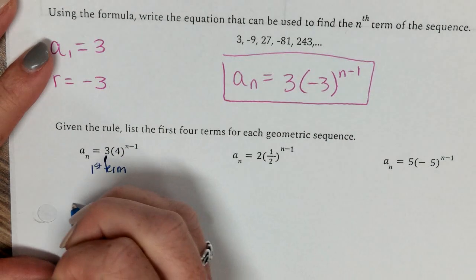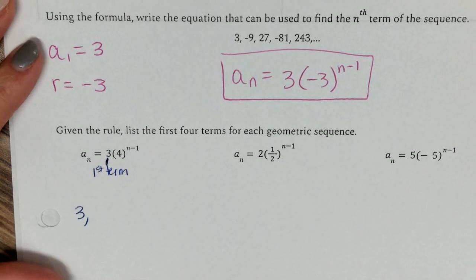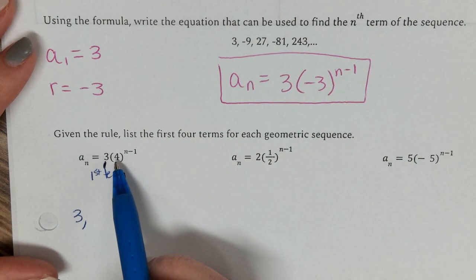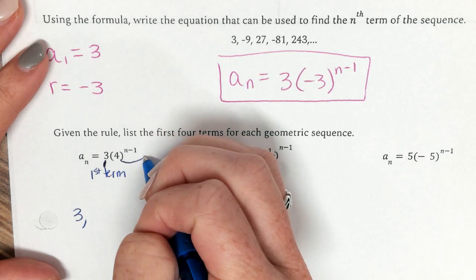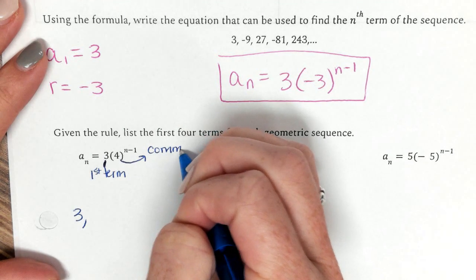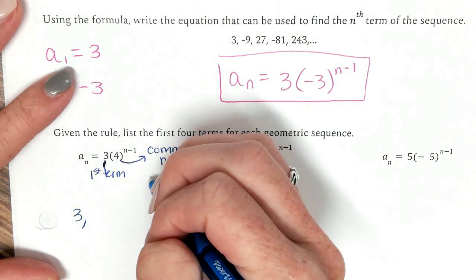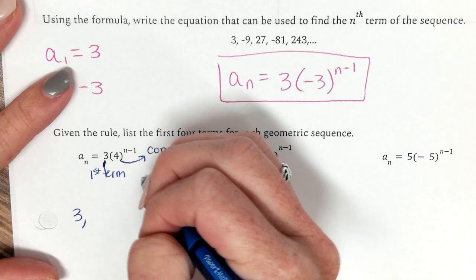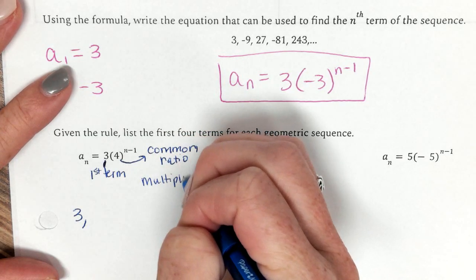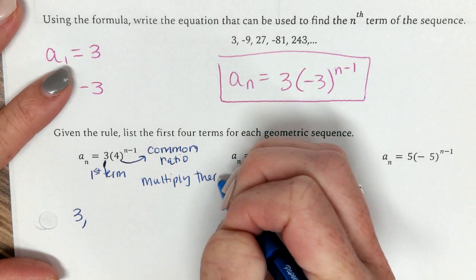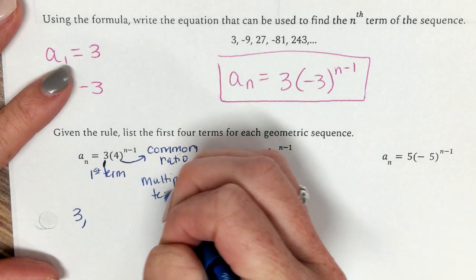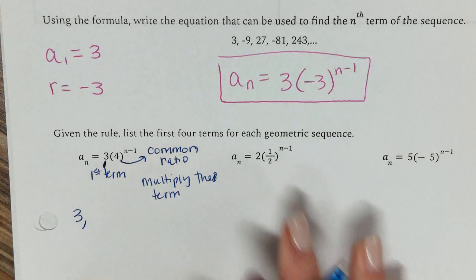So this right here is your first term. So you would say my first term is 3. What does this number represent? That's your common ratio. So all you're going to do is take that number and you're going to multiply the term to get to the next number.